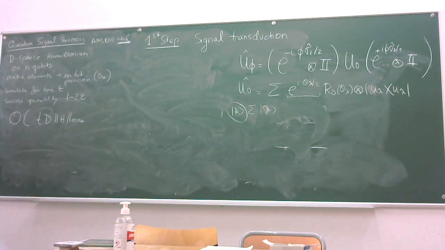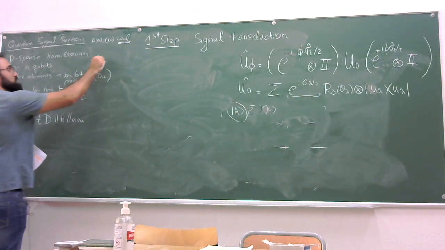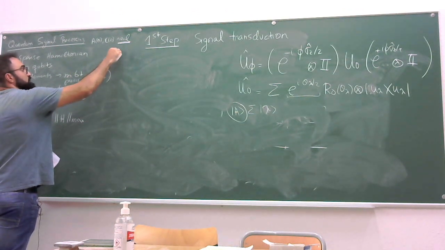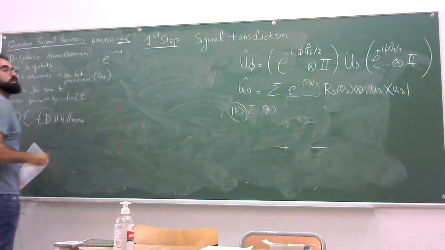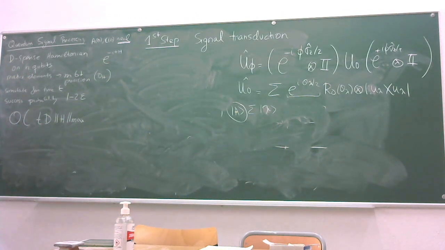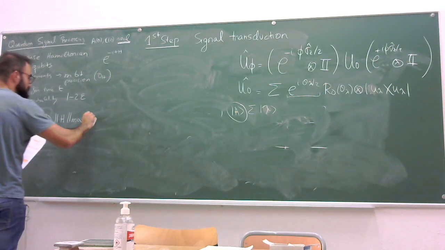But yeah, that's the parameter of time, but that's a real simulation time that you want to calculate this. That's it, the simulation time. Well, I'm going to finish this.